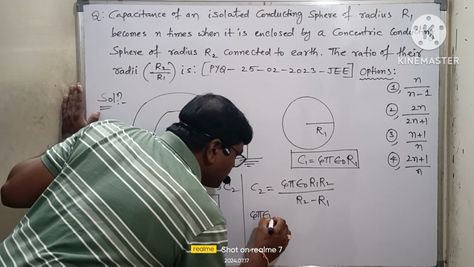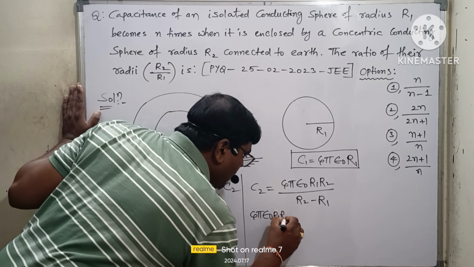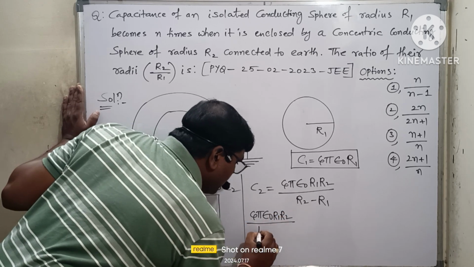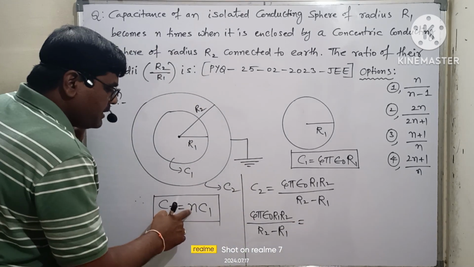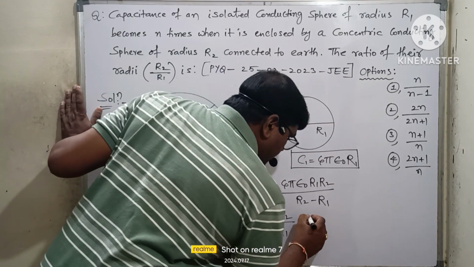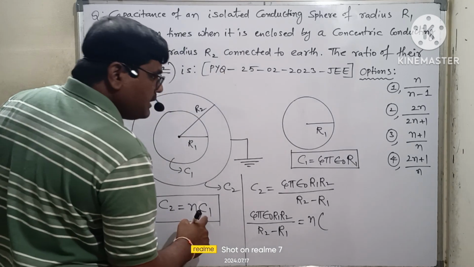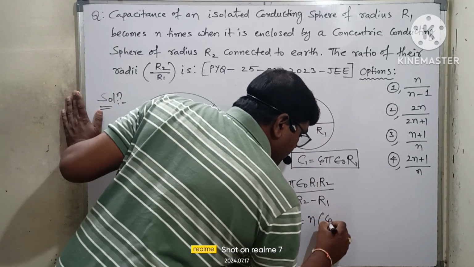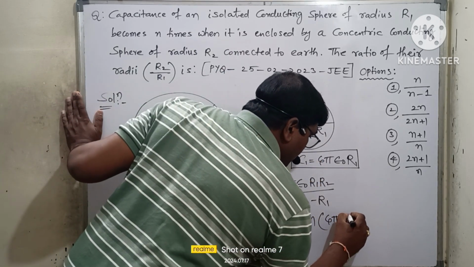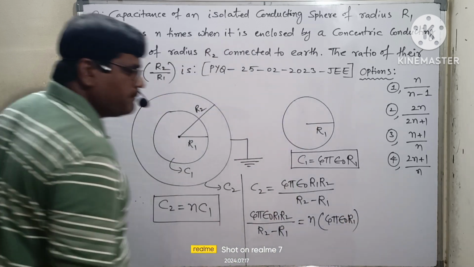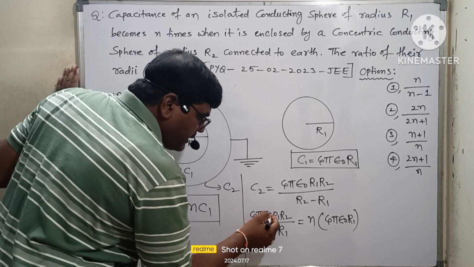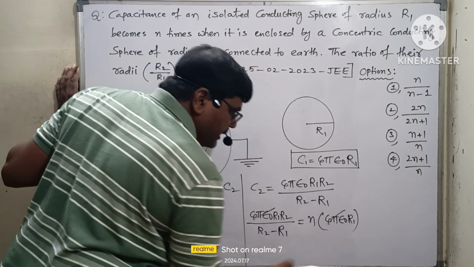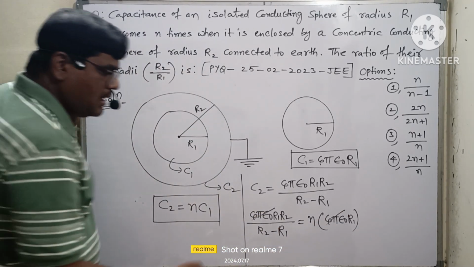4 pi epsilon naught R1 R2 divided by R2 minus R1 is equal to n into C1. What is C1? Already we have it: 4 pi epsilon naught into R1. So 4 pi epsilon naught on this side and 4 pi epsilon naught on that side will cancel.